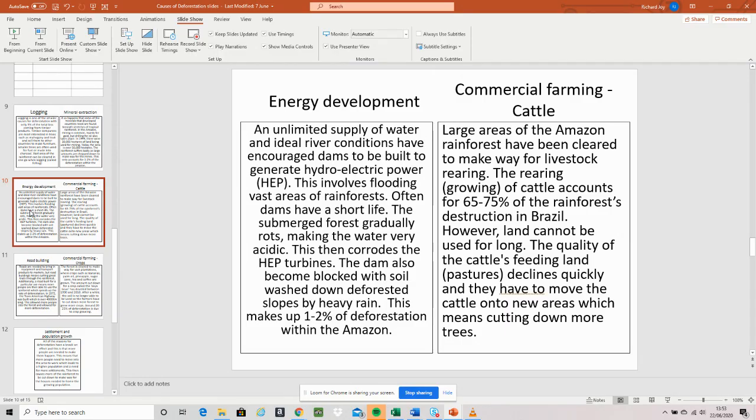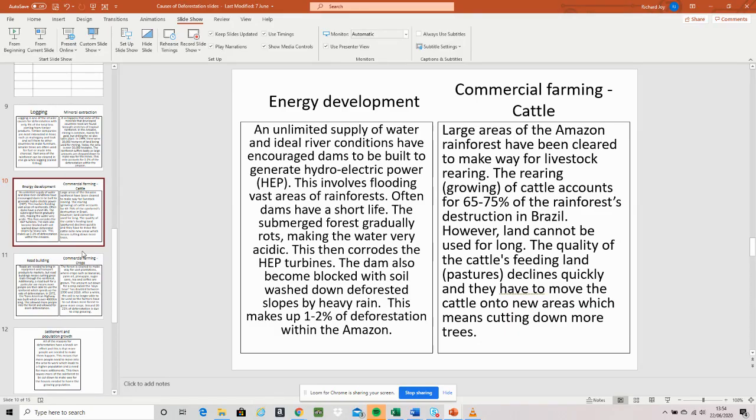flooding vast areas of rainforest is very much a short-term thing. The submerged forest, as it says in the notes here, gradually rots, makes the water very acidic. That acidity then corrodes the turbines in the dam. So the dam then also becomes blocked with soil that's washed down from deforested slopes by heavy rain.